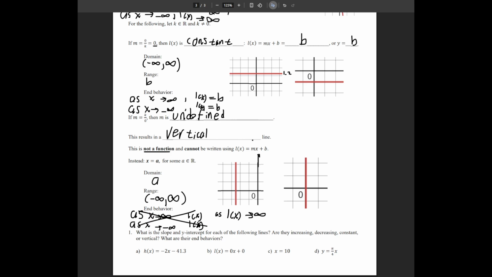So as our y values go to infinity, well, x just equals whatever your value is, so a. In this case, looks like negative 2.3-ish. Looks like where we're hitting the x-axis. And same thing as L of x approaches negative infinity, x equals a.